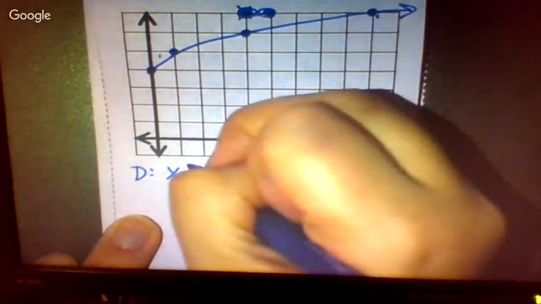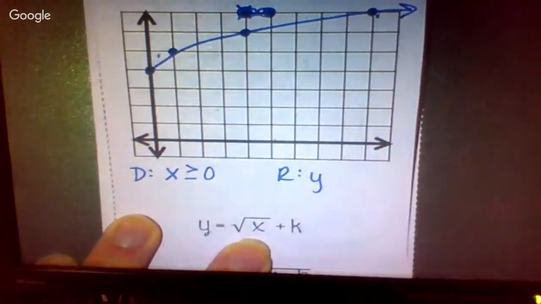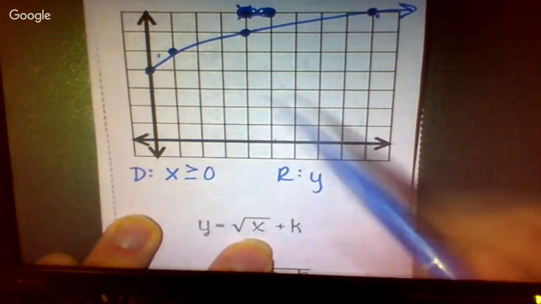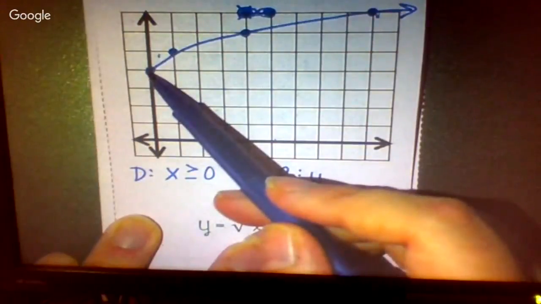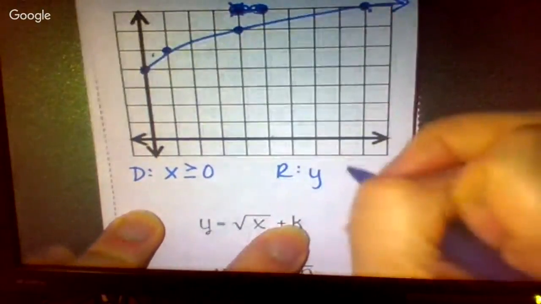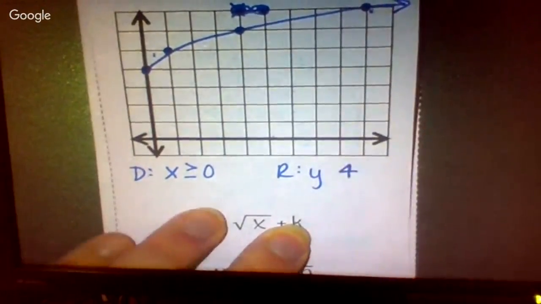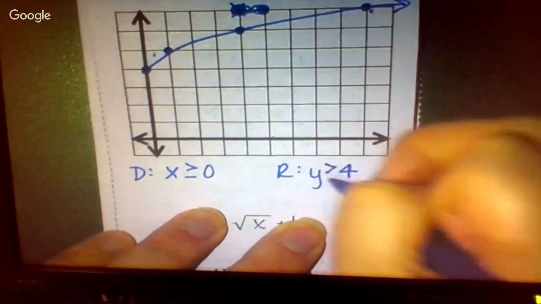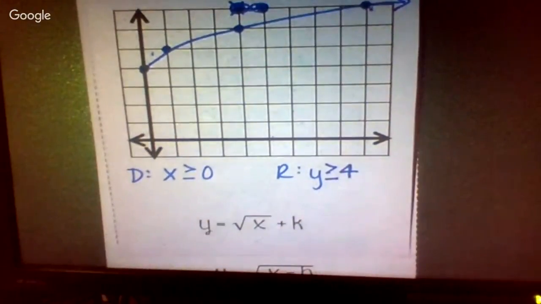Right. So it's greater than. What is my Y value here? 4. And is it going up or down? Up. So greater than. See how your Y value changed to a 4 this time? Because your graph's been shifted up.